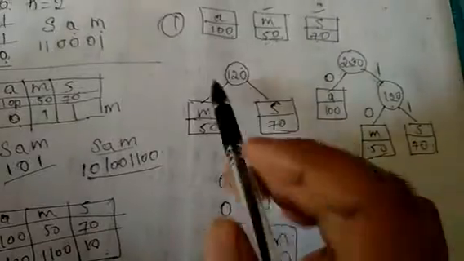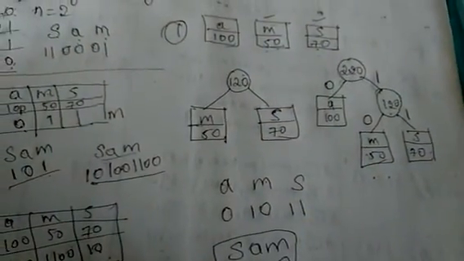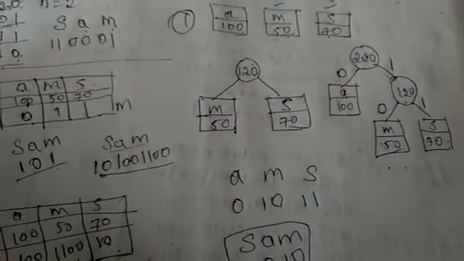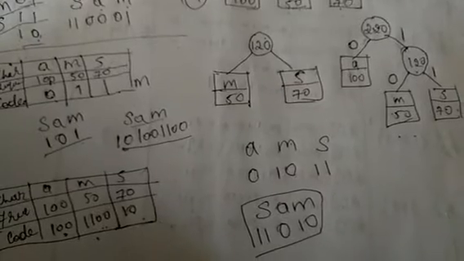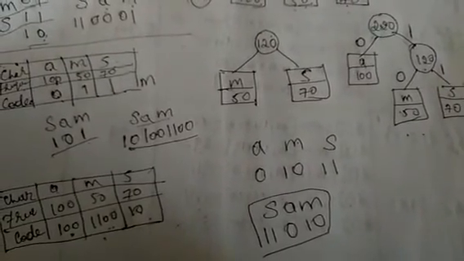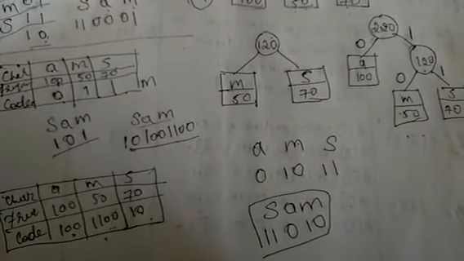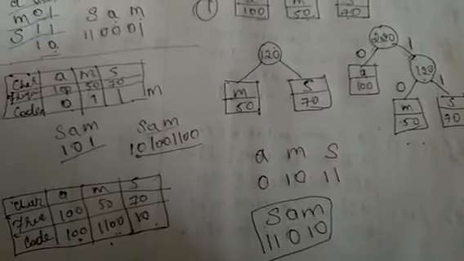Sometimes, in place of frequency they can give the probability. There is no problem; if they give probability, you have to do the same thing. In the next video, I'll tell you how to solve a problem. This is your Huffman coding. In this we use the technique of encoding and decoding.